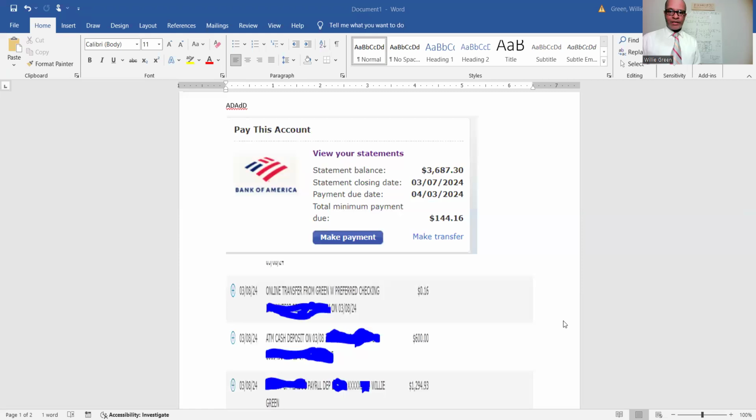The payment due is $144.16. Velocity banking indicates that when you put your entire paycheck into a debt elimination tool or a credit card, it replaces the payment. So by putting in the entire 1694, it actually makes the monthly payment of 144.16, and it should free up some cash flow.